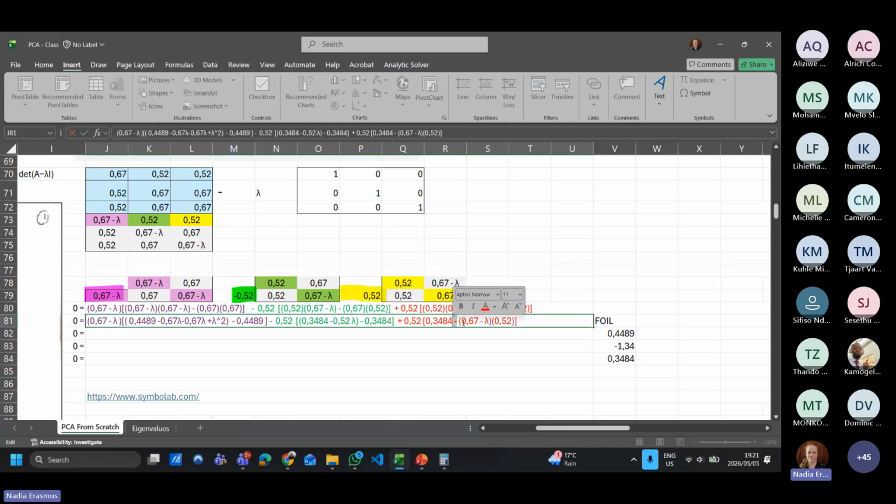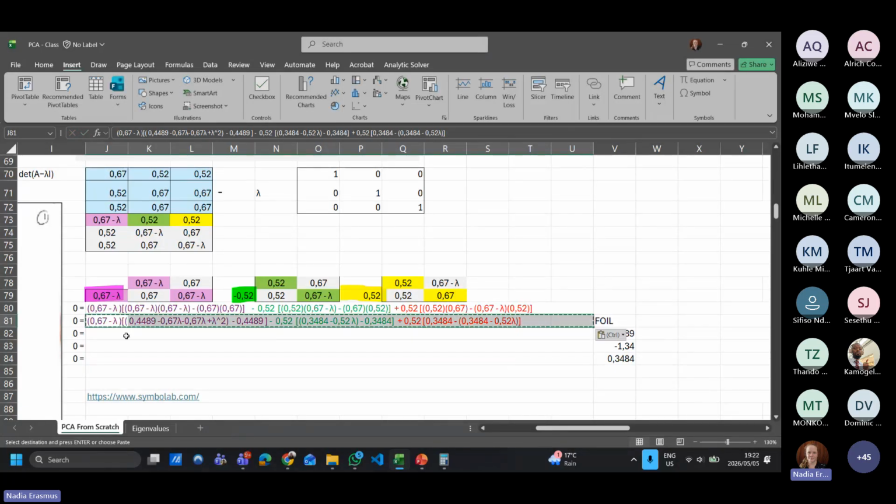There's a minus in front. So first let's do the inside of the bracket. Inside the bracket, 0.67 multiplied by 0.52 is 0.3484, and 0.52 can just move to this side, so it's minus 0.52 lambda, and then we have a negative sign in front, so we have to be careful.